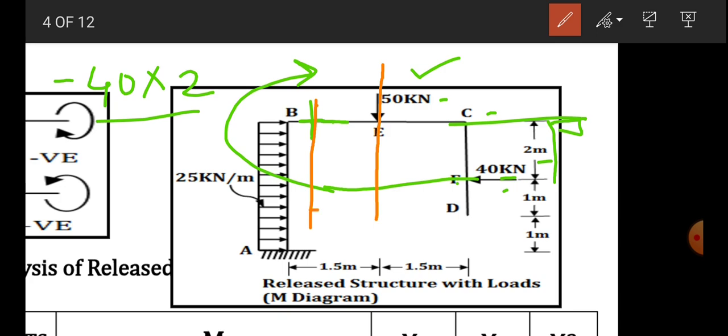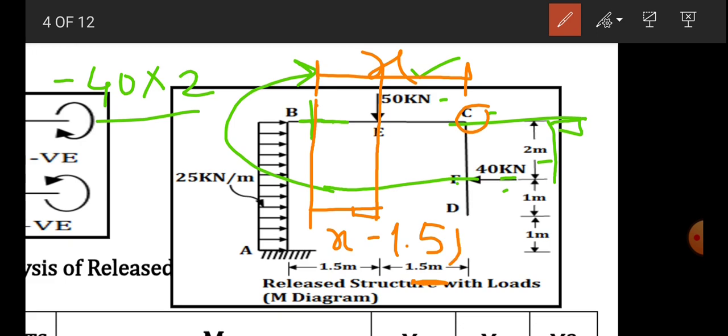Now find the perpendicular distance between these two, in terms of x, because this imaginary axis is always drawn at a distance of x with respect to origin C. The 50 kilonewton is at a distance of 1.5 from C, so it will be x minus 1.5.